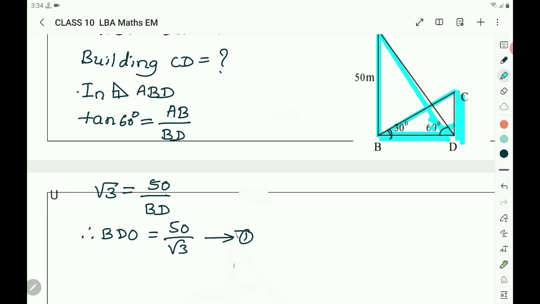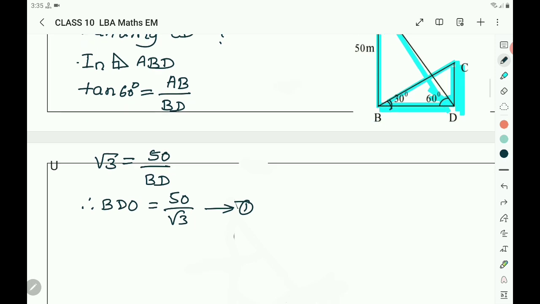The angle of elevation of the top of the building from the foot of the tower is 30 degree. We have to take this 30 degree. And for the 30 degree, CD is the opposite side and BD is the adjacent side. Again we have to use the trigonometric ratio tan theta.